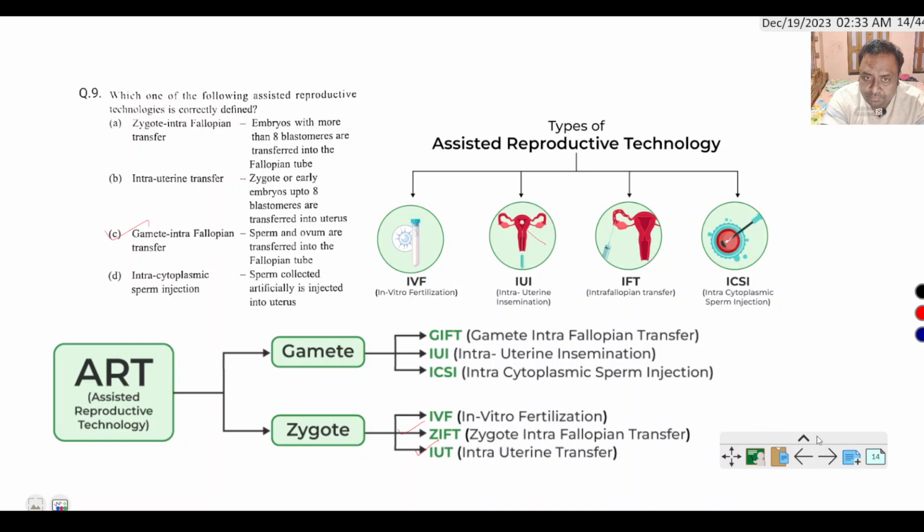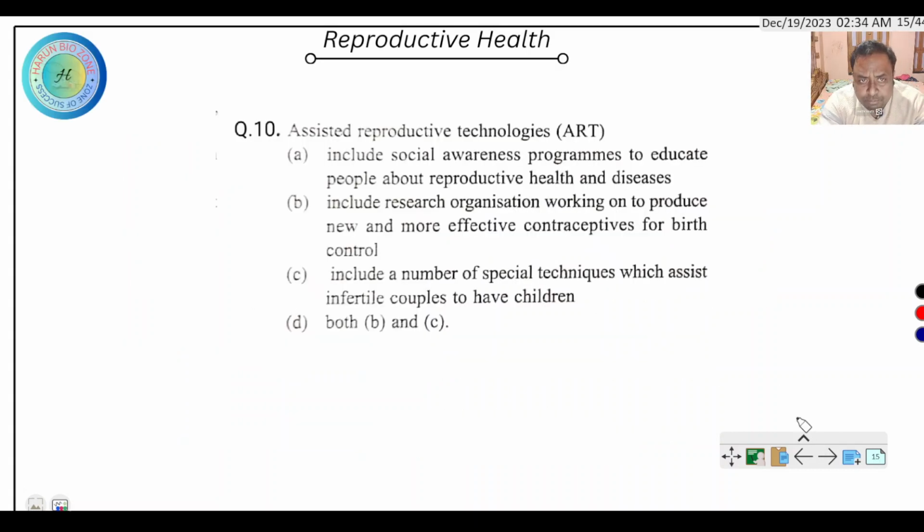Next question. Assisted reproductive technologies include social awareness programs to educate people about reproductive health and disease. Not so. Assisted reproductive technology is a technology that produces test tube babies, or artificial fertilization. It is essential for people who cannot conceive or cannot give birth to a child.